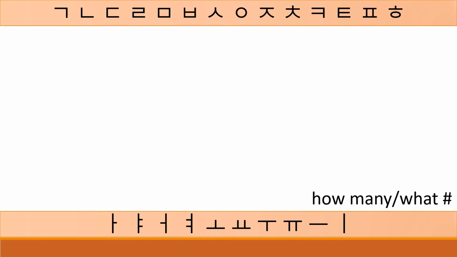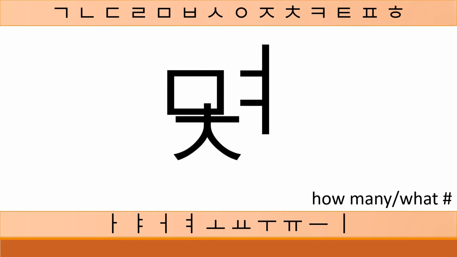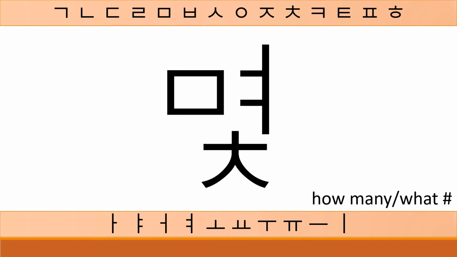Okay, our last word of today, the question word is 몇. That is how many or what number. And we will learn this question word in lesson 4 with numbers. So I will say it a few more times. 몇. Okay, here comes the answer. 므 plus 여 and 치 underneath for the spelling of this particular word.